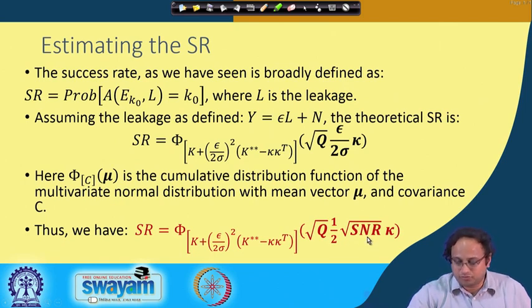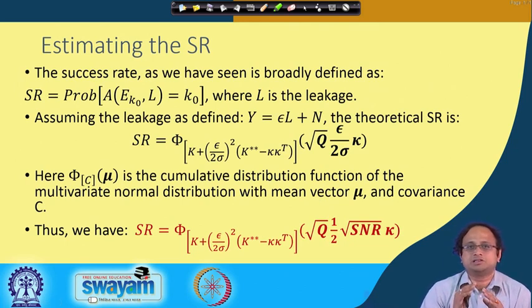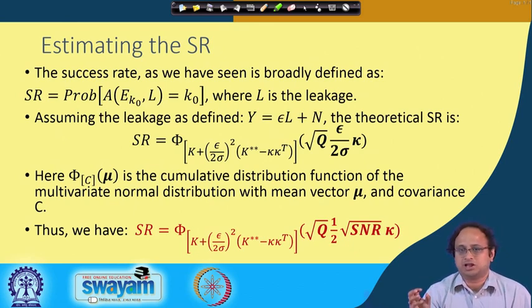So now, if you know the SNR, from there you can estimate the success rate by finding the value of this parameter and estimating this cumulative distribution function. So what we have seen is that we have been able to go to the SNR, and once you are able to estimate the SNR, from there you can know the corresponding success rate.